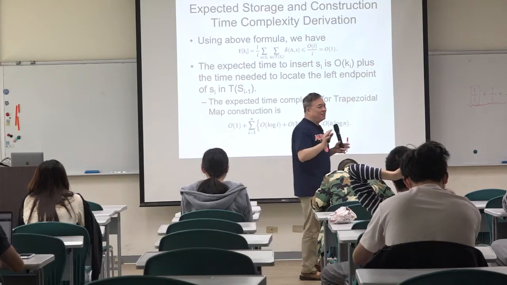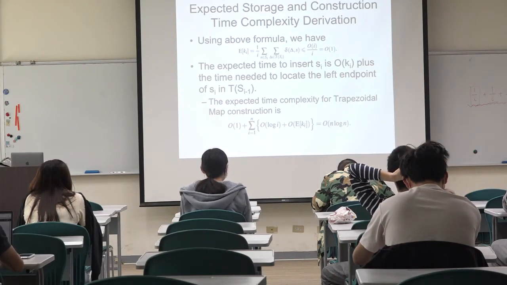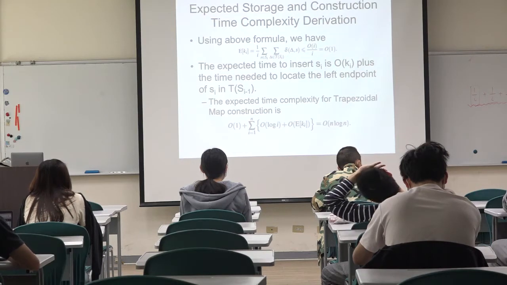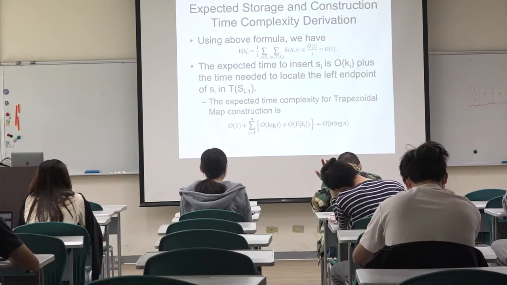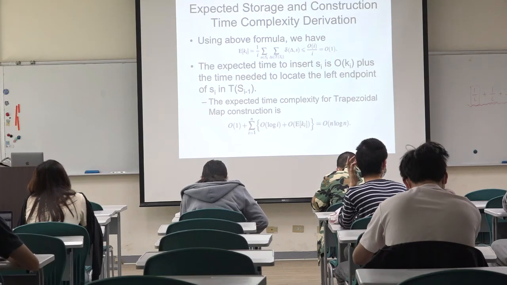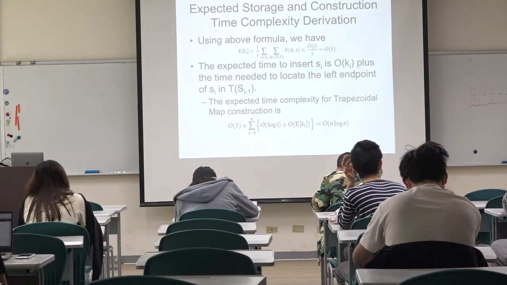If you are in the math department, you will say this doesn't make sense. But hopefully, if you are in computer science, this gives you enough intuition to understand that each time you add a segment, the expected number of internal nodes to be added is constant.